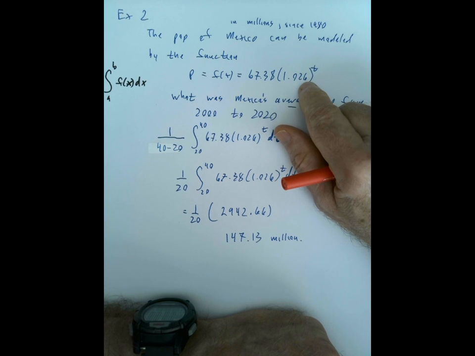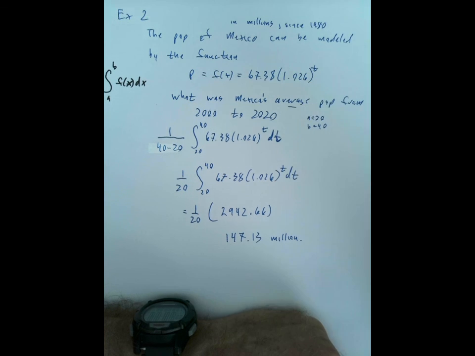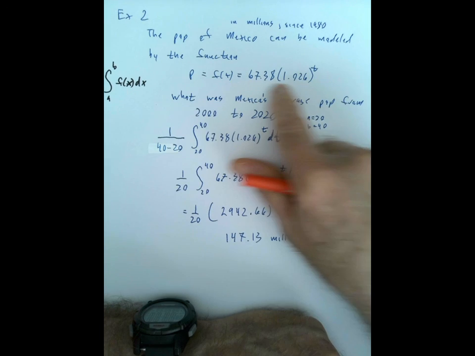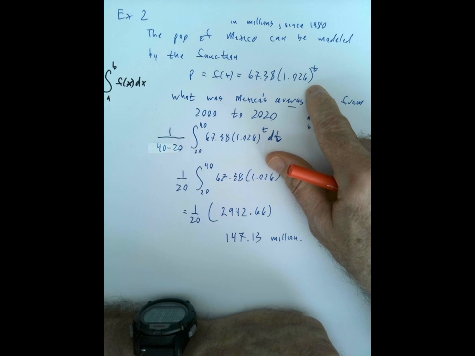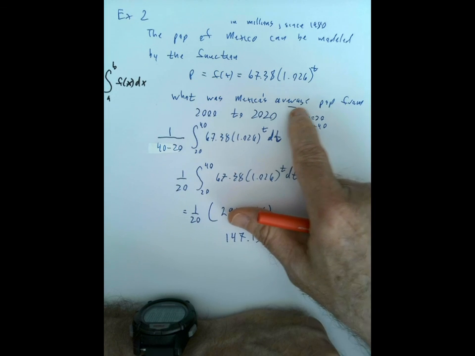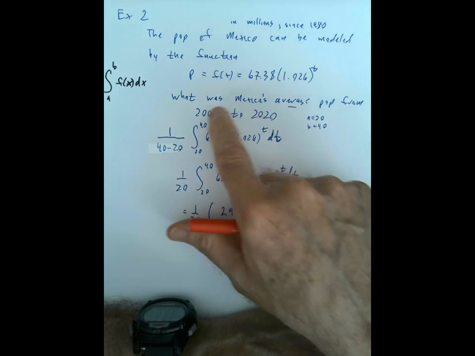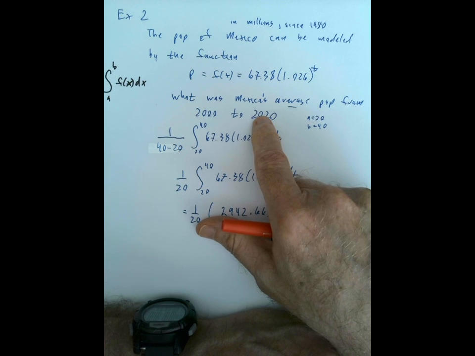And if you think back, this 0.026 indicates that the population is increasing at a rate of about 2.6% per year. So, what was Mexico's average population from 2000 to 2020?